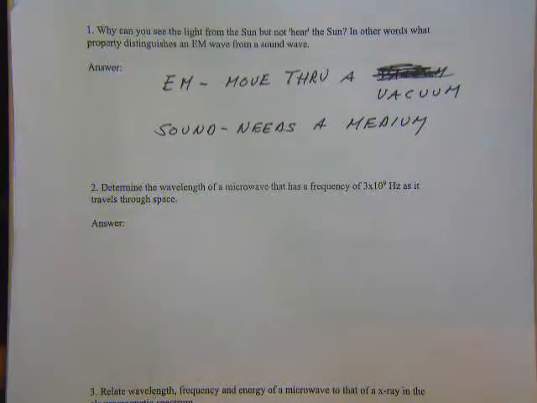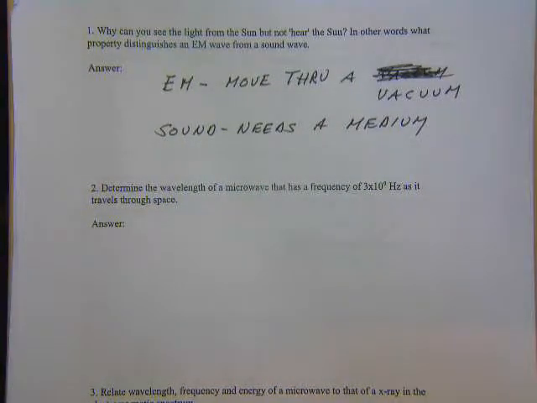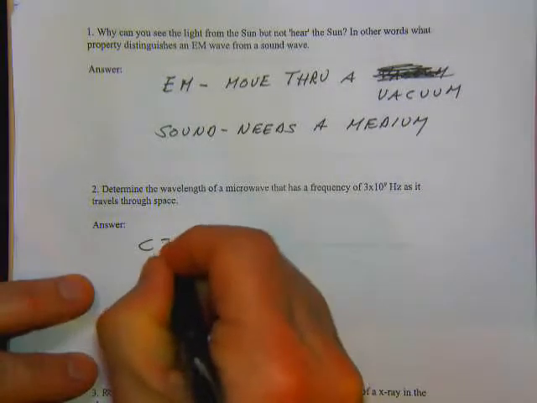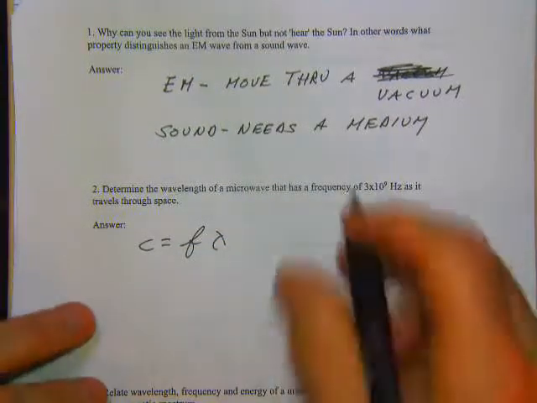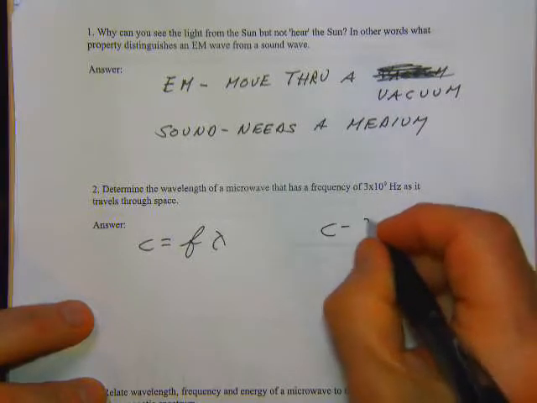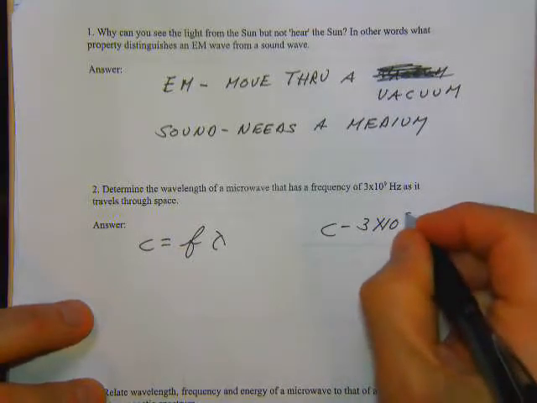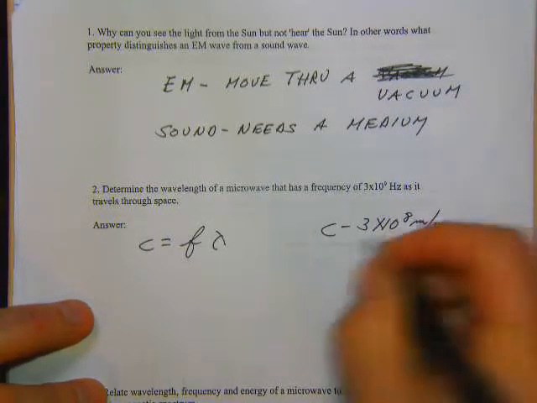In this particular next question, determine the wavelength of a microwave. Well, if it's a microwave right away, we know it's an EM wave. So we know the formula is going to be the speed of light, C, equals frequency times wavelength. We know the speed of light is 3 times 10 to the 8th meters per second.